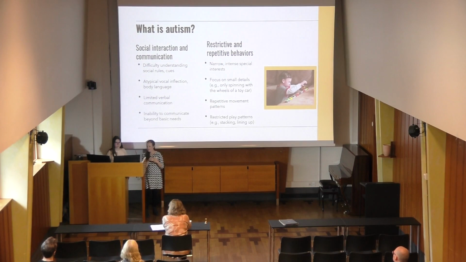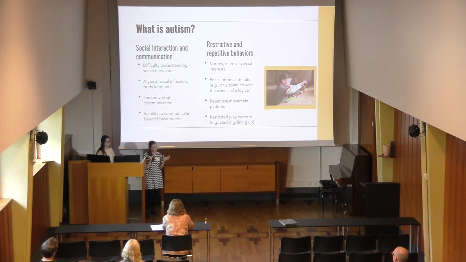So autism is generally defined as a neurodevelopmental disorder, and its diagnostic criteria at the moment, these do change sometimes, but right now the criteria are that a child has difficulty with social communication and has a pattern of restrictive and repetitive behaviors.